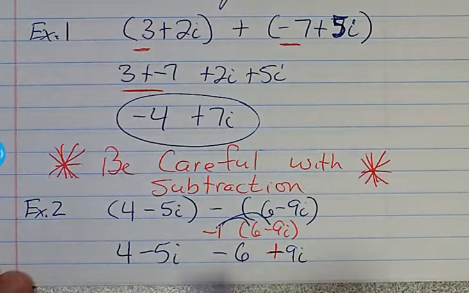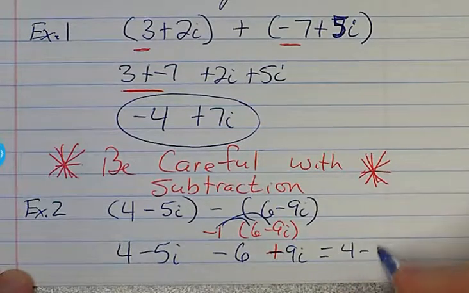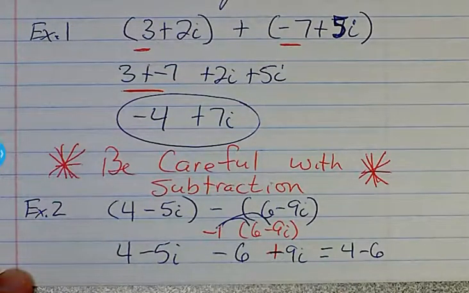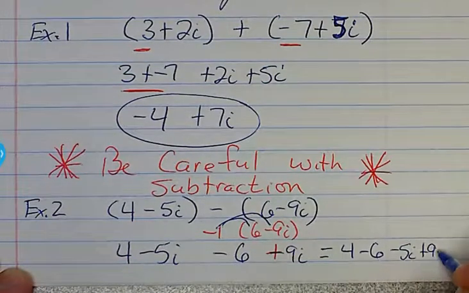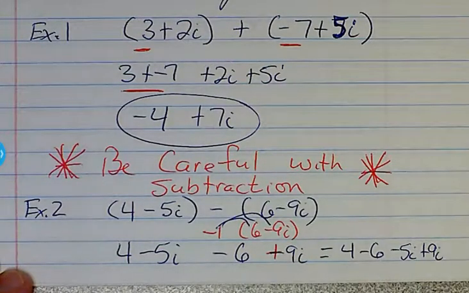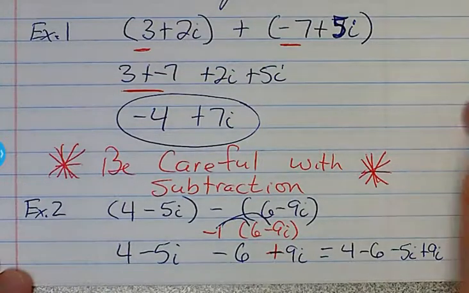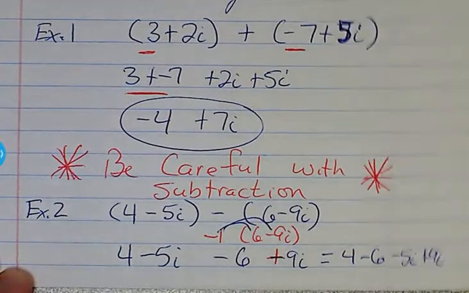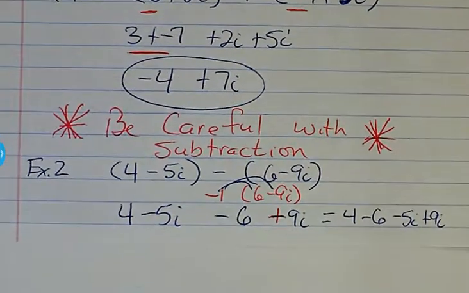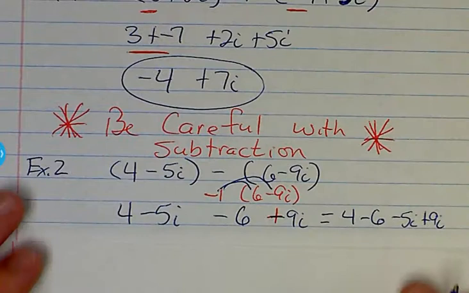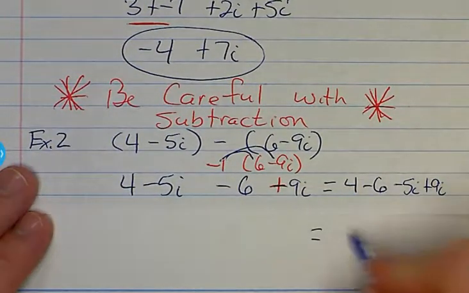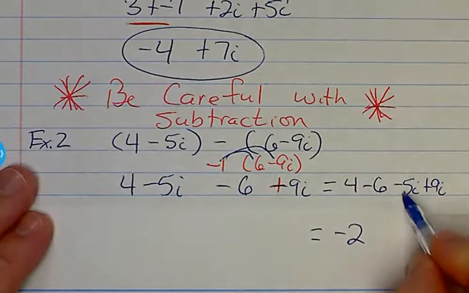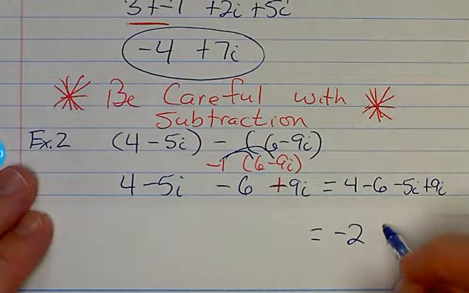So now you've got 4 minus 6 for the real numbers part, and negative 5 plus 9 for the imaginary part. Okay, 4 minus 6 is negative 2. Negative 5i plus 9i would be a plus 4i.